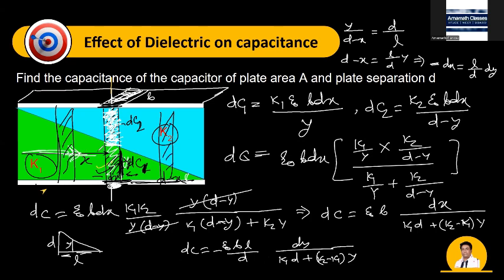So all dCs will be in parallel, because they are under the same potential difference, upper plate and lower plate. So it means if we integrate all dCs, because they will be added only, net capacitance will be nothing but the integration of all these dCs, all these dy terms.